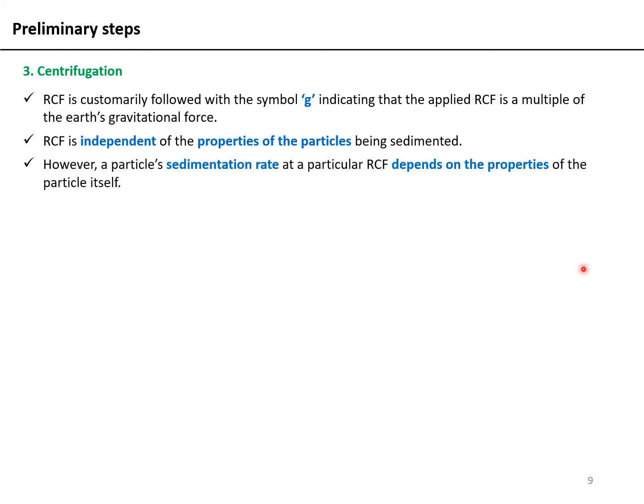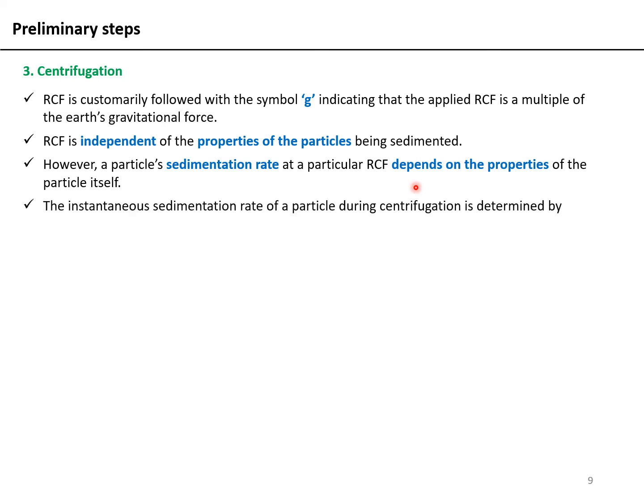However, a particle's sedimentation rate, that is the rate at which it will settle to the bottom of the vessel at a particular RCF, depends on the properties of the particle. So RCF is the relative force you're applying, but how quickly or slowly your particles will settle down depends on the properties of the particle itself.